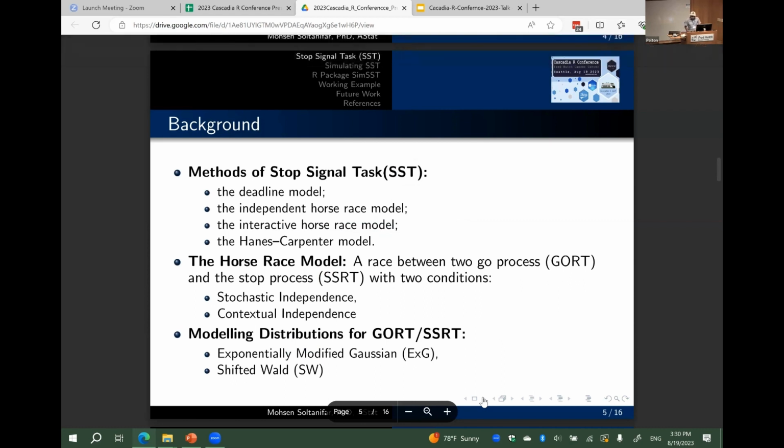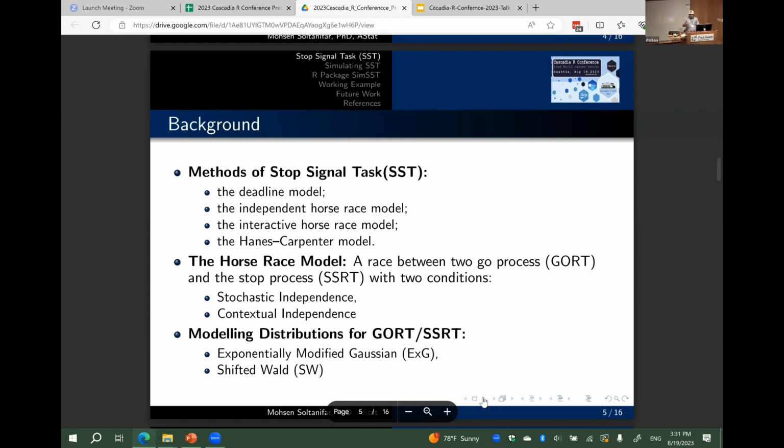There are several methods to study the stop signal task, and the one we are interested in is the horse race model. There are two races: the go process, the initial process, and the stop process, the secondary process, which is going to cut it. There are two assumptions: the stochastic assumption and the contextual assumption. The stochastic assumption means these two processes are independent, and the contextual assumption means that in different trials, depending on the level of the delay time, they have the same distribution.